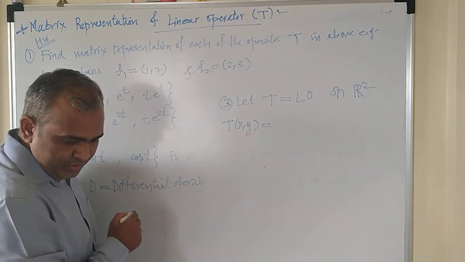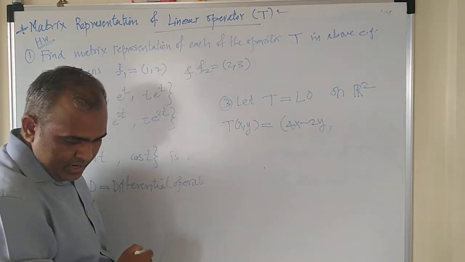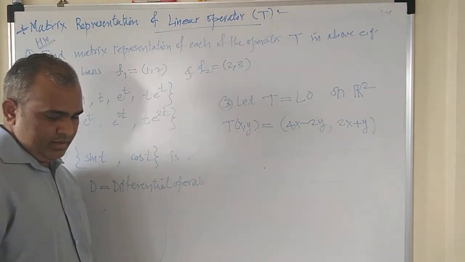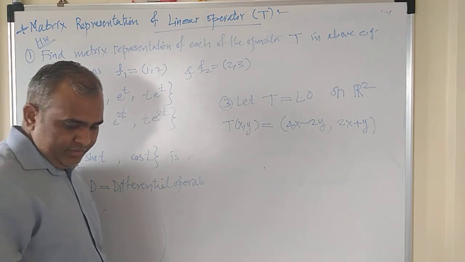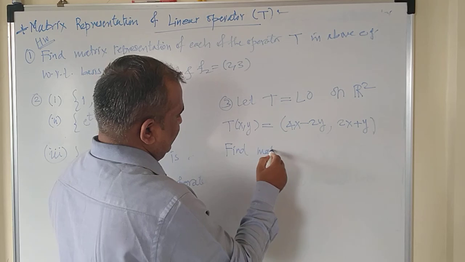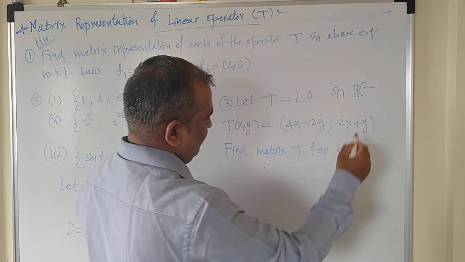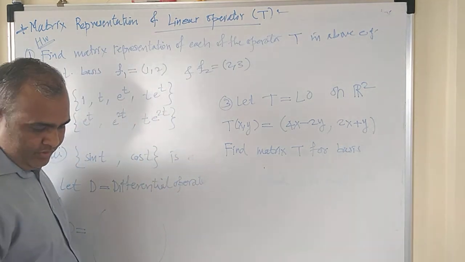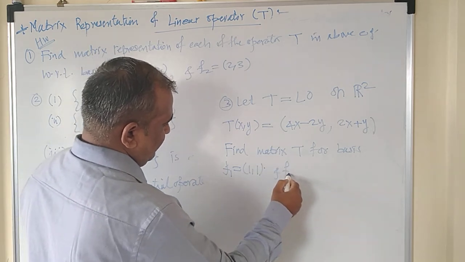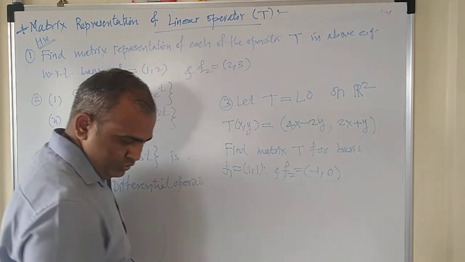T of (x, y) is equal to (4x minus 2y, 2x plus y), and you are asked to find the matrix T for the basis. Basis is given to you. For the basis f1 equal to (1, 1) and f2 equal to (minus 1, 0).